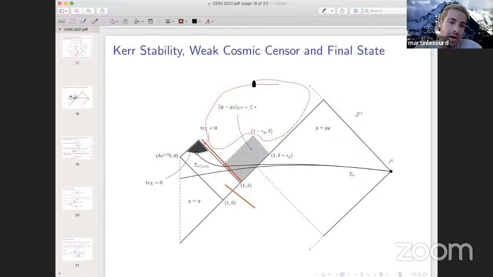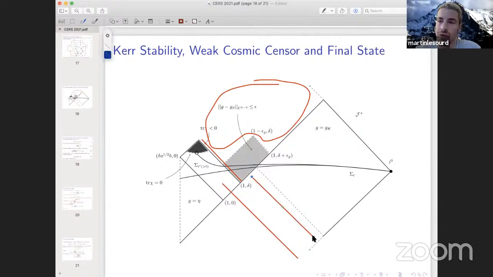Well, to the past is a good question. What you'd have to do is, we haven't extended this all the way back to past null infinity, but in principle, that's doable. But that would be harder because then you'd have to control a larger portion of the spacetime. In particular, you'd have to control what happens here.